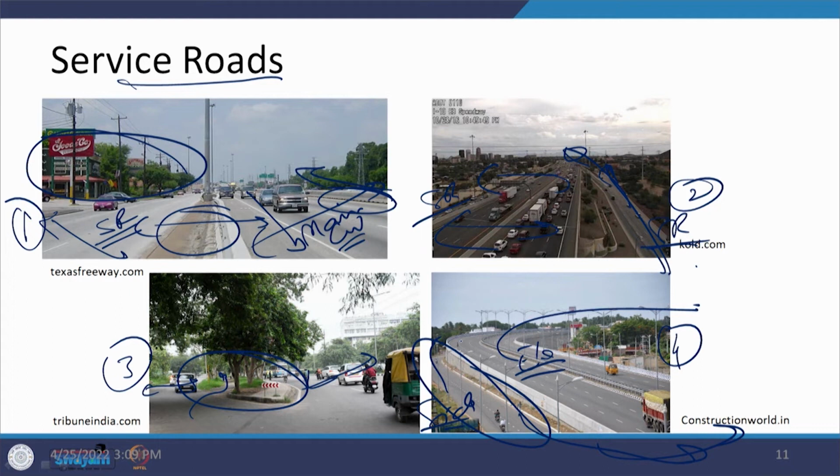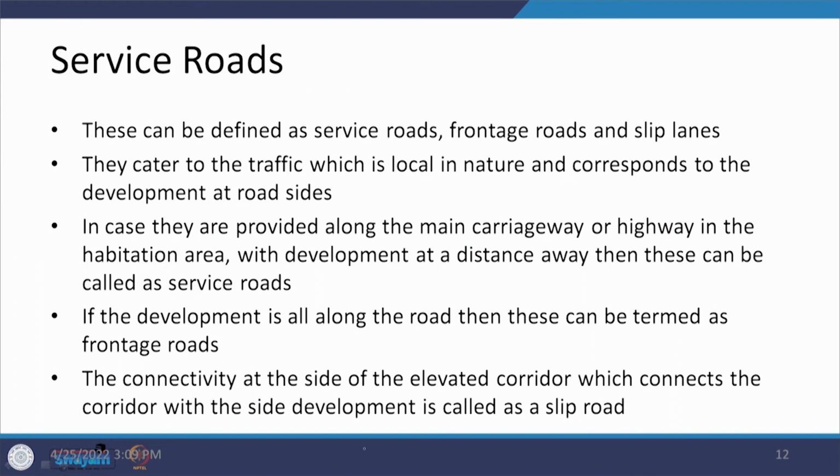So, when we have these different types of things happening, how can we classify or define these roads? Maybe they are all the same or they can be defined in different manners, is what we can look at. One way of doing that is to say that they are simply a service road, or it can be defined as a frontage road, or it can also be defined as a slip lane.